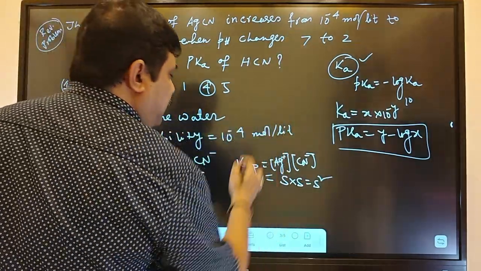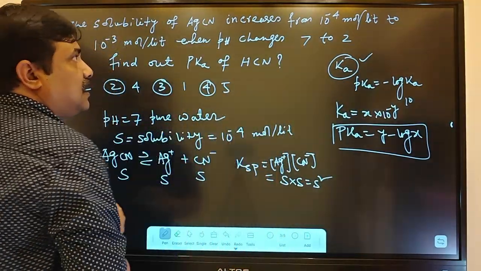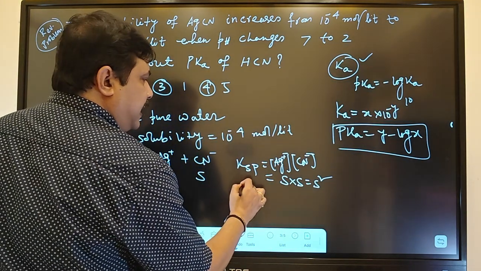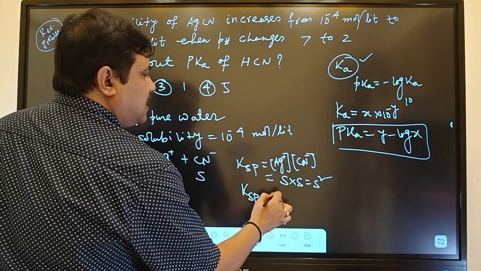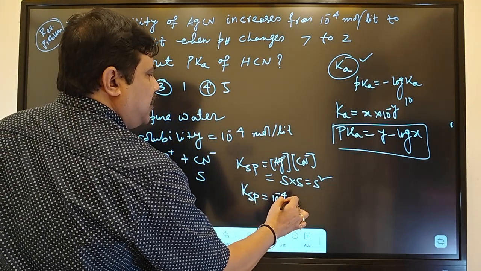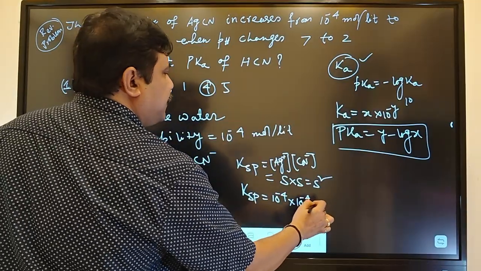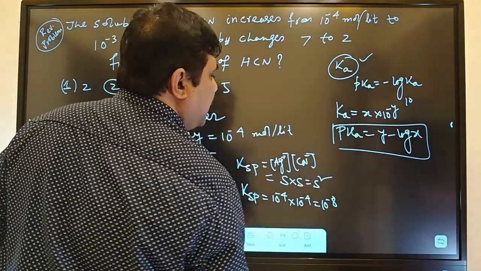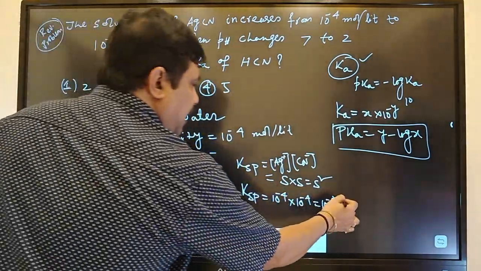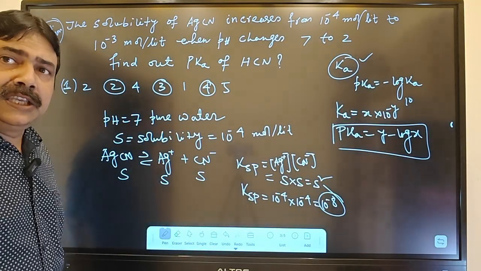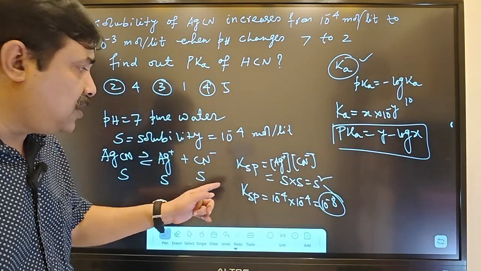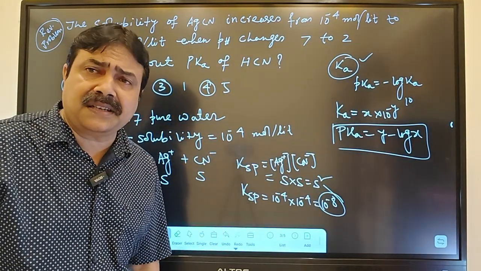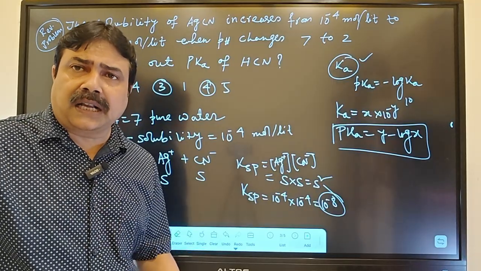S is 10 power of minus 4 at pH 7, so Ksp equals 10 power of minus 4 into 10 power of minus 4, which is 10 power of minus 8. And this Ksp value is not going to change even though the pH changes, because it's an equilibrium constant. That's why the name itself is a constant.